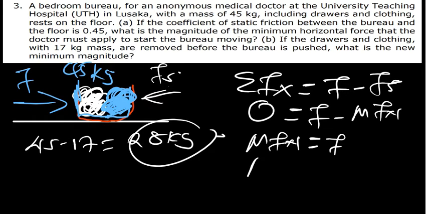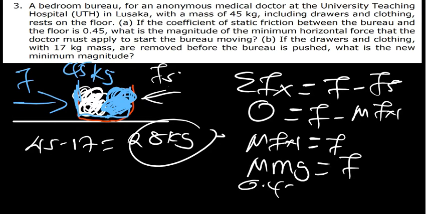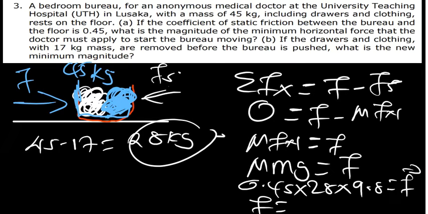Normal force is mg. The mu is the same, 0.45, times the mass. Now it is 28 times g, which is 9.8, is going to be equal to the force. So the force required in this case is going to be 28 times 9.8 times 0.45.